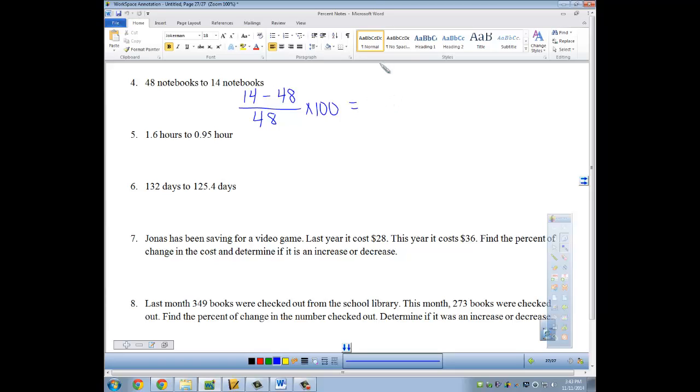When we do that, we're going to get a decimal, and that's okay. I'm just going to round it to 70.8%. Make sure you always put a percent because we're finding percent of change. And your answer was negative because it went from 48 down to 14, so it's a 70.8% decrease.